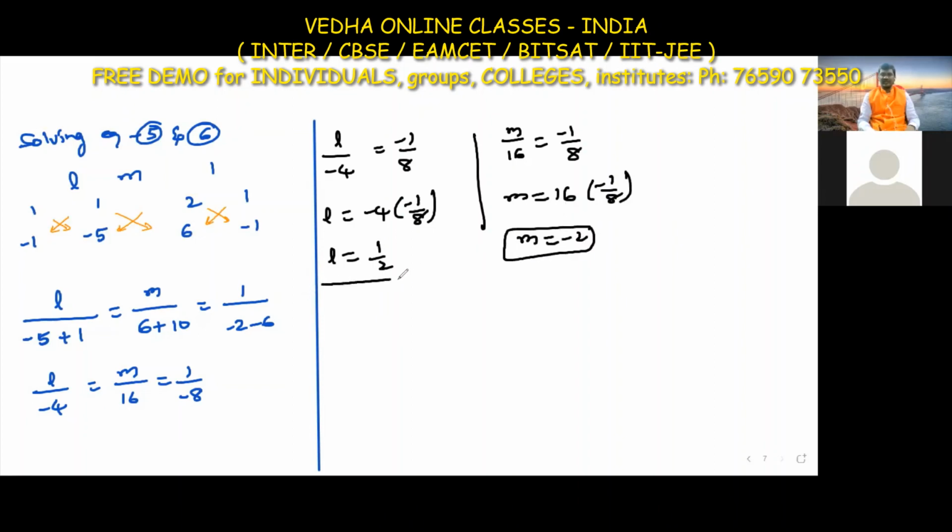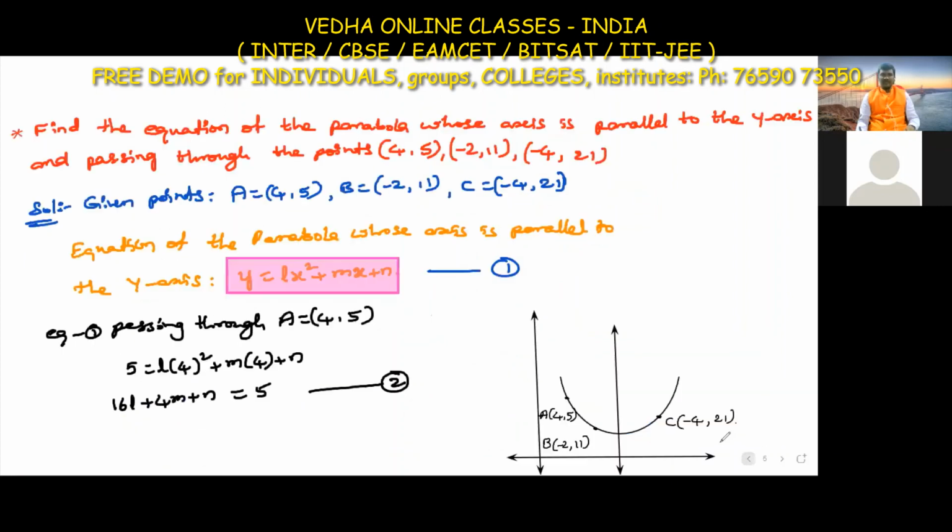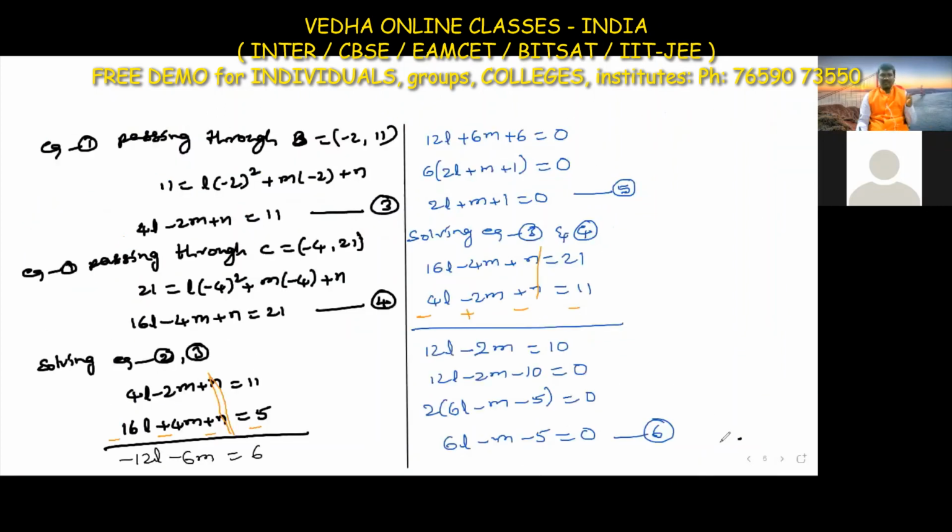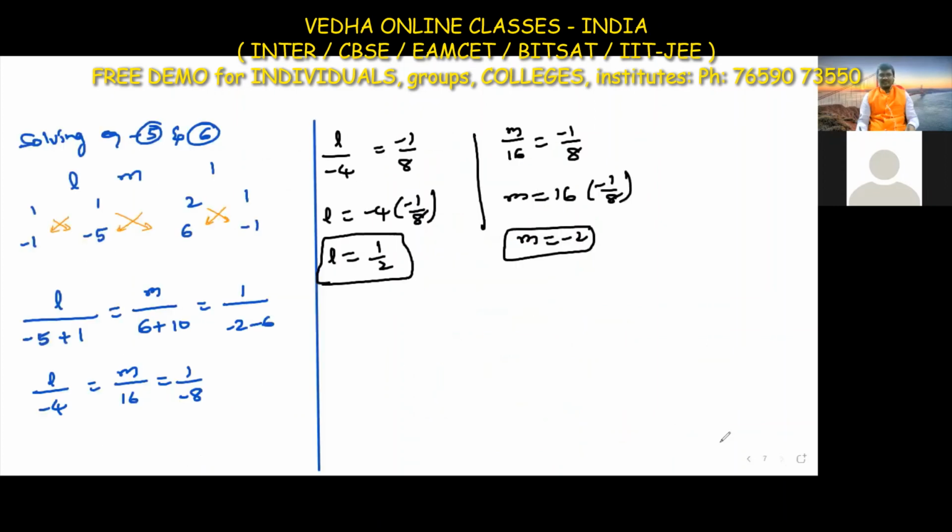After getting the L and M values, substitute them in equation 2, 3 or 4. Which is better? The one with smaller coefficients. Equation 3 is a little bit better: 4L minus 2M plus N is equal to 11.